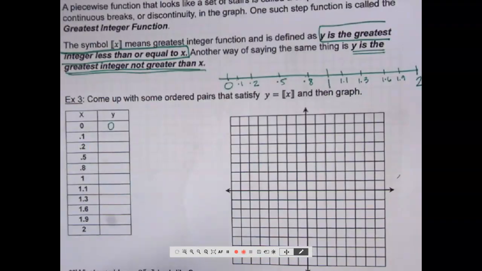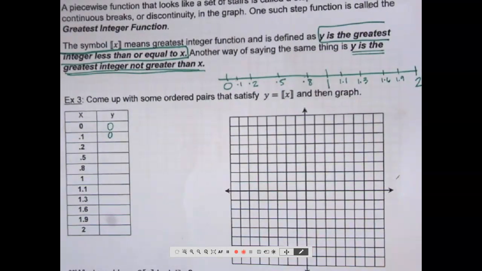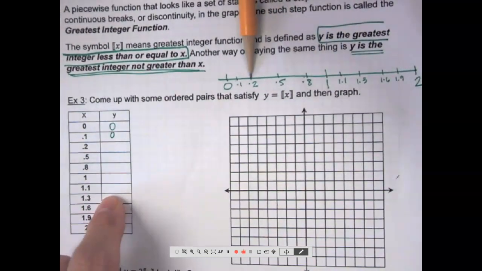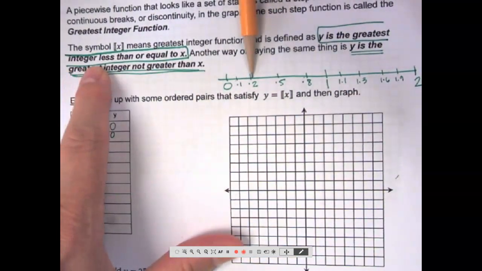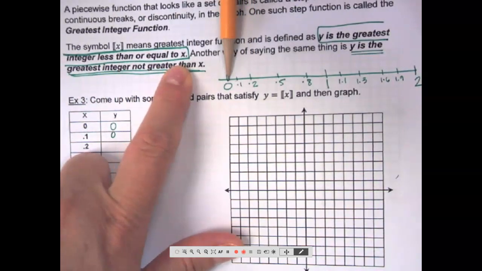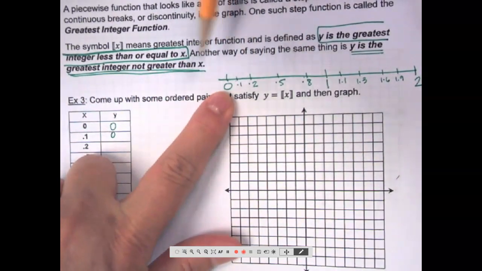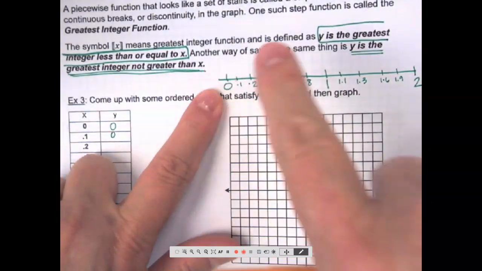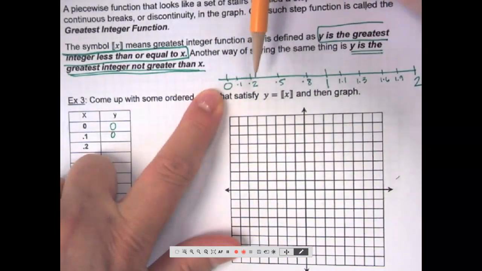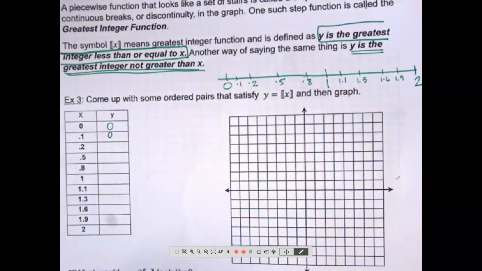So this one is 0. All right, 0.2. What integer is the biggest integer less than or equal to 0.2? 0. Remember, all these decimals are not integers. The only integers that I have on this number line are 0, 1, and 2. What's the biggest one that's less than or equal to 0.2? 0.